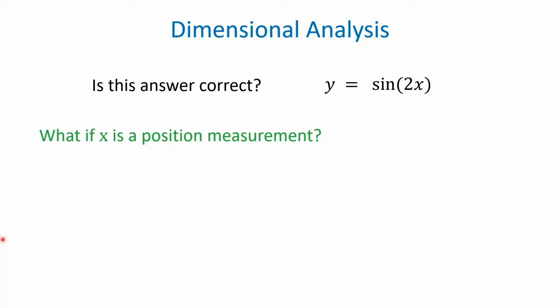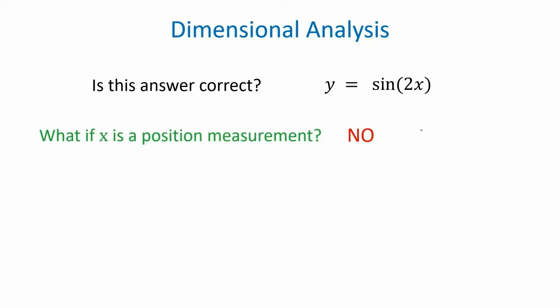All right, well, hopefully you recognize that the answer is no, this would not be a correct relationship. Okay, why is this not correct? Let's go through some dimensional analysis.